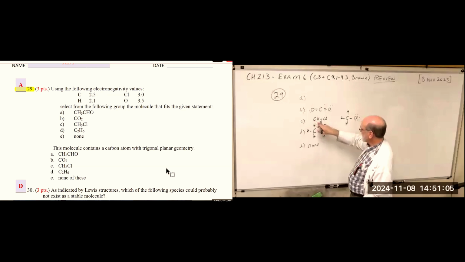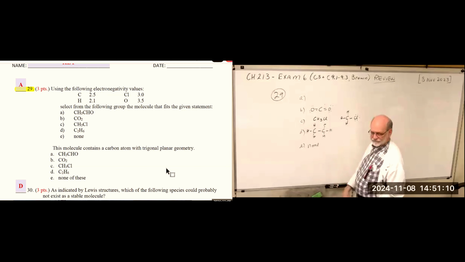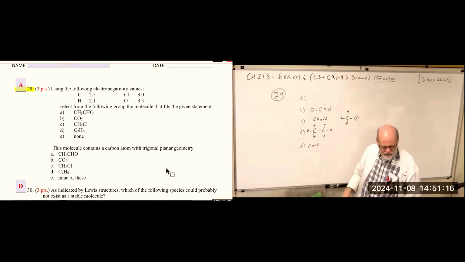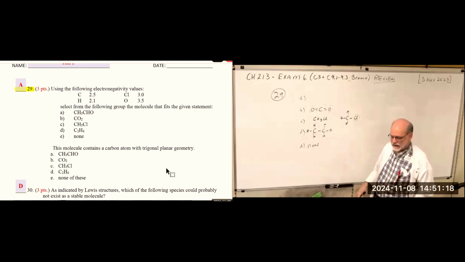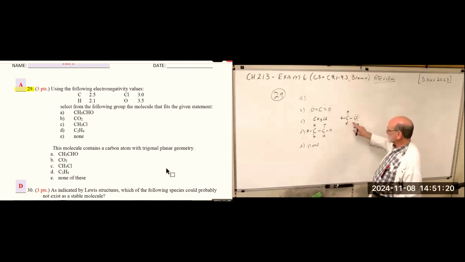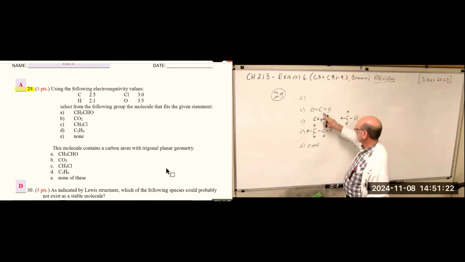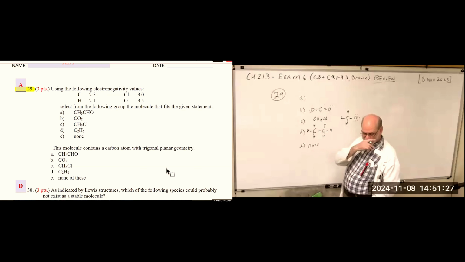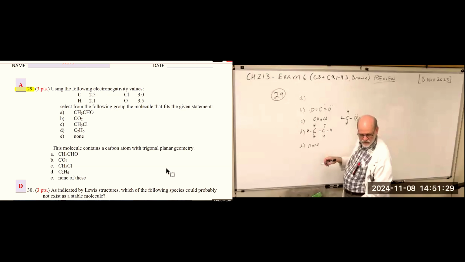Let's see, 3, 7, 7 is 14. 2, 4, 6, 8, 10, 12, 14. Right. This would be tetrahedral. Now, did it specify around the carbon atom? Right, so that carbon atom is tetrahedral, linear. So by process of elimination, since it says none, we've got to do the top one.